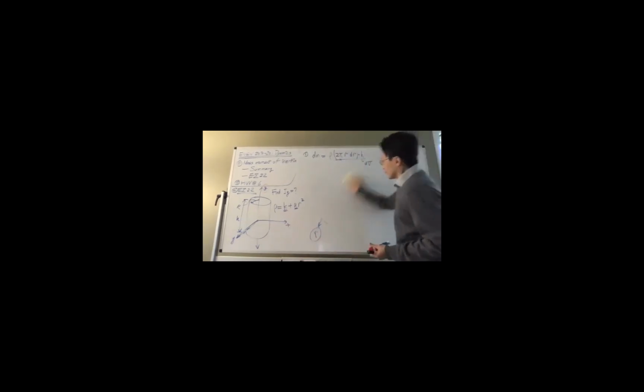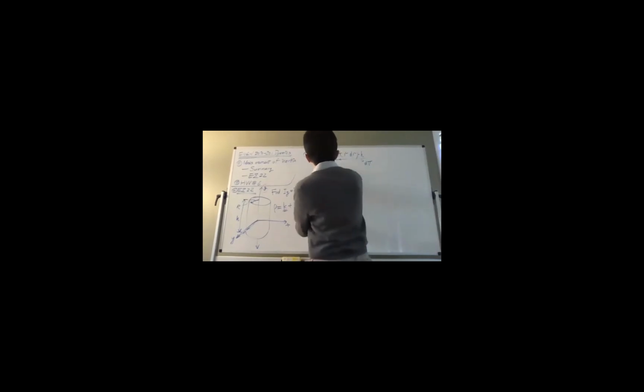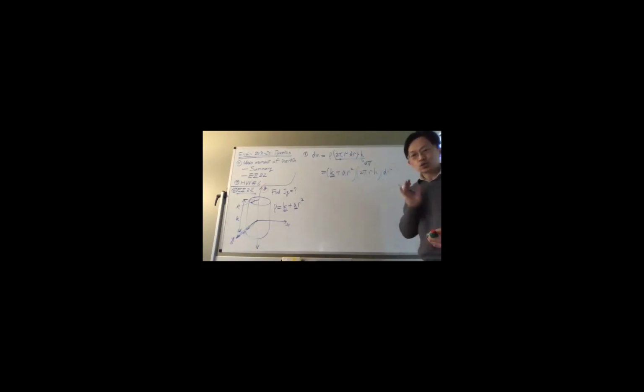Okay. So once we establish this, you just plug everything into the equation. Here, we don't know the value of rho, but we know that rho is the coefficient, and that is k plus a times r squared, times 2 pi r times h times dr. Now, remember, besides r, everything else, just treat as constant.